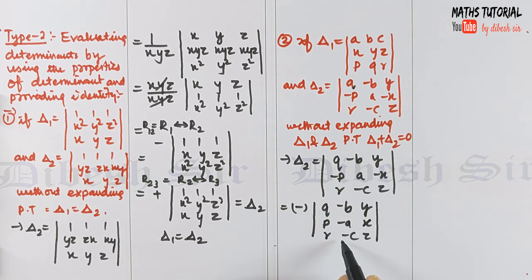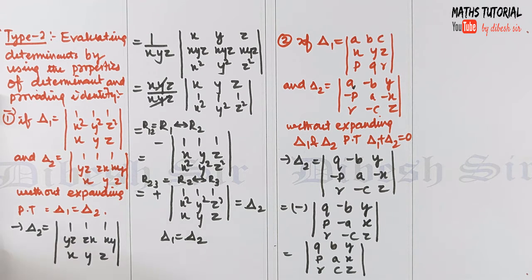Now take minus common from the second column, it becomes plus, that is q b y, p a x, r c z.